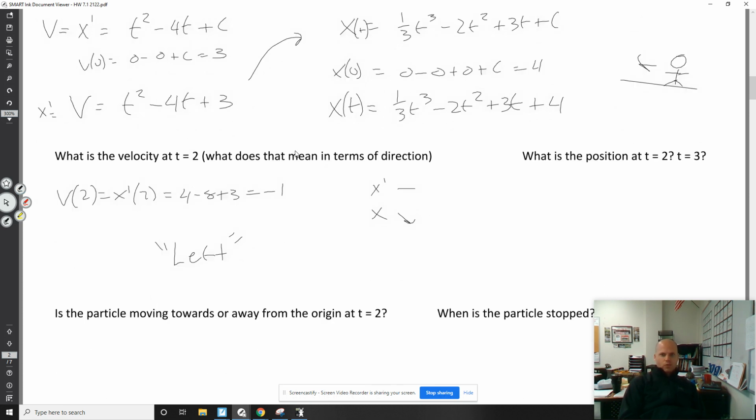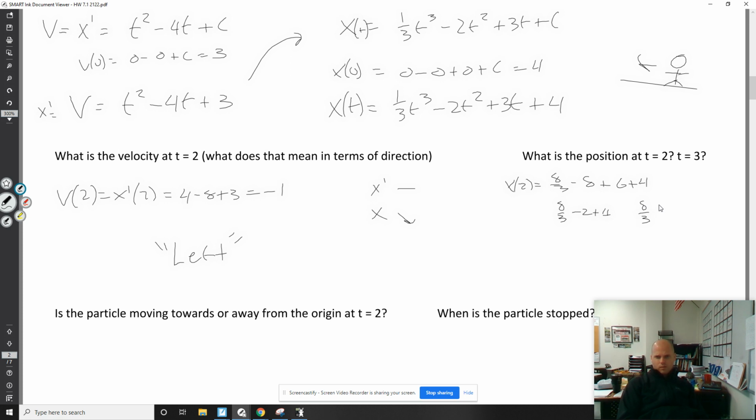What's the position at 2 and 3? I don't want to find that. I'm not going to. I'm just going to find the position at 3. Do both. Gosh. So 8/3 minus 8 plus 6 plus 4. I mean, why did I give you this? 8/3.